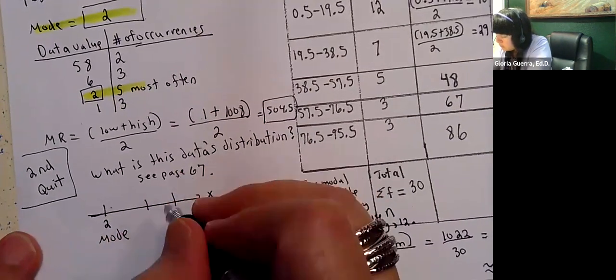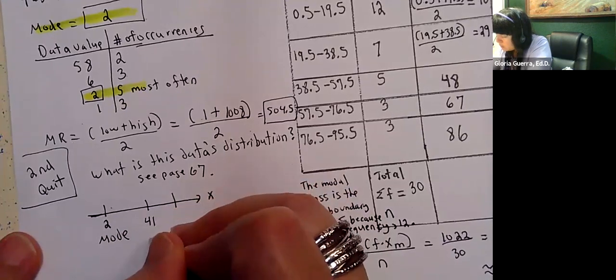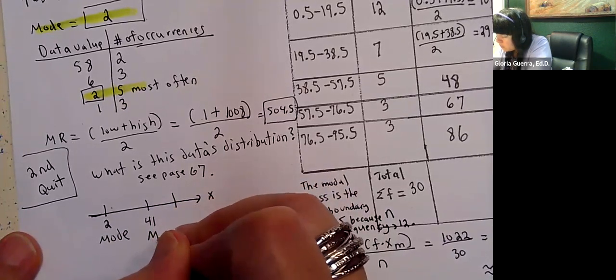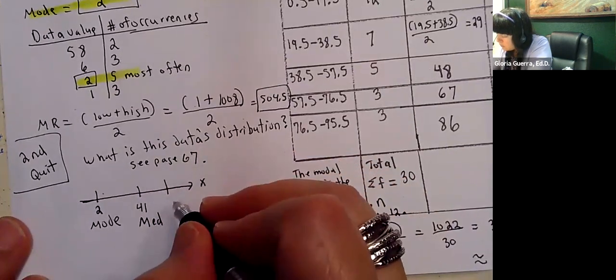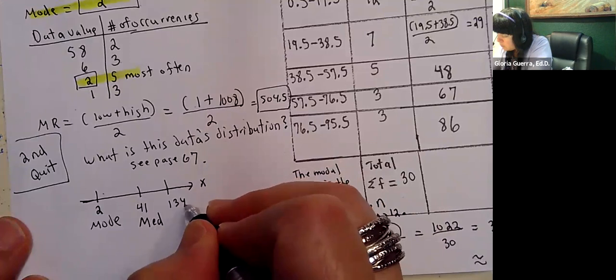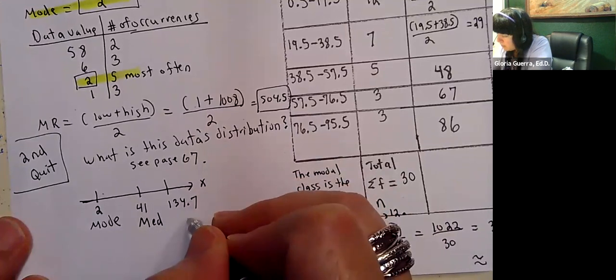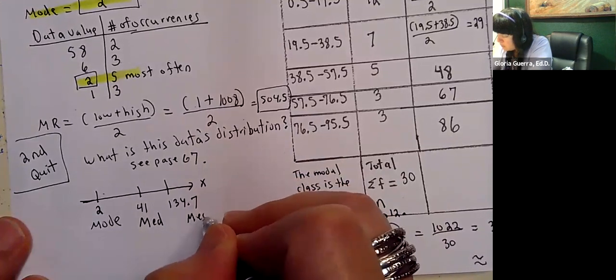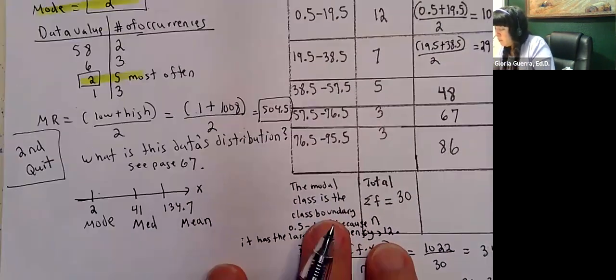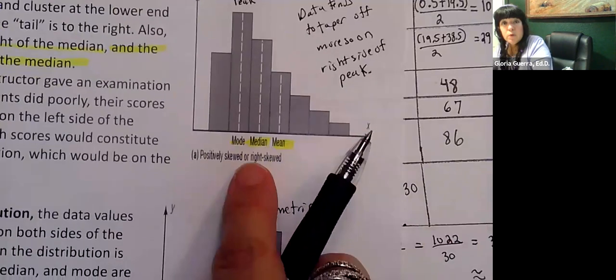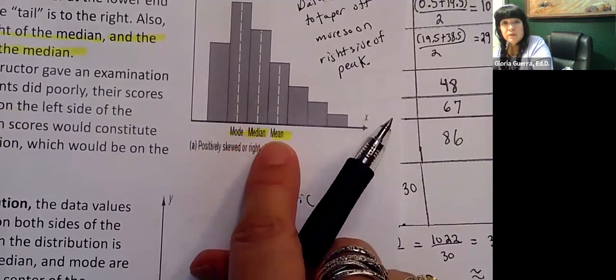And then it's 41, and that's the median. And then the biggest was 134.7, and that was the mean. Mode, median, and mean. See how that matches?